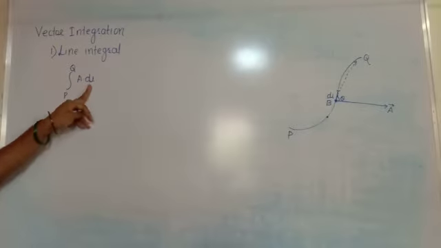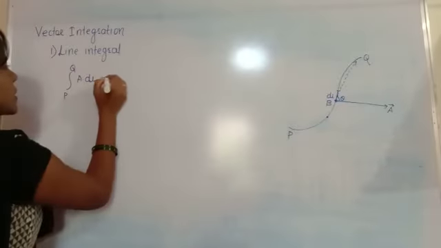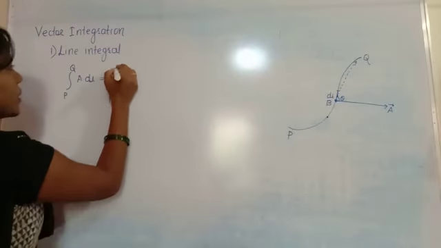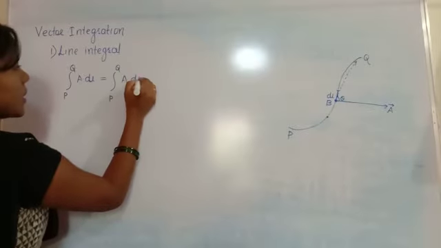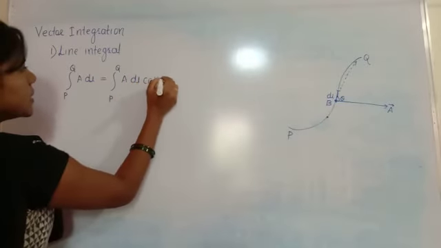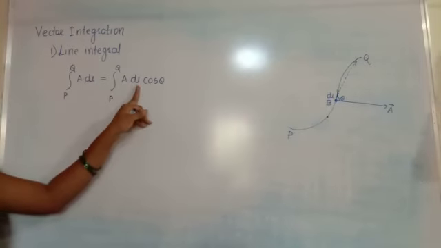Since dl is also a vector and A is also a vector, by using the definition of the dot product of two vectors, this is nothing but the integration from P to Q of A dl cos theta.